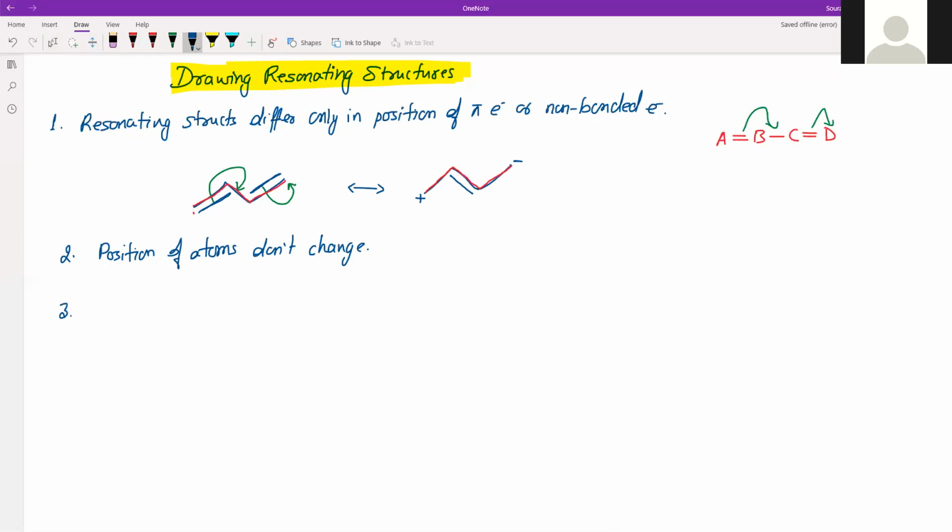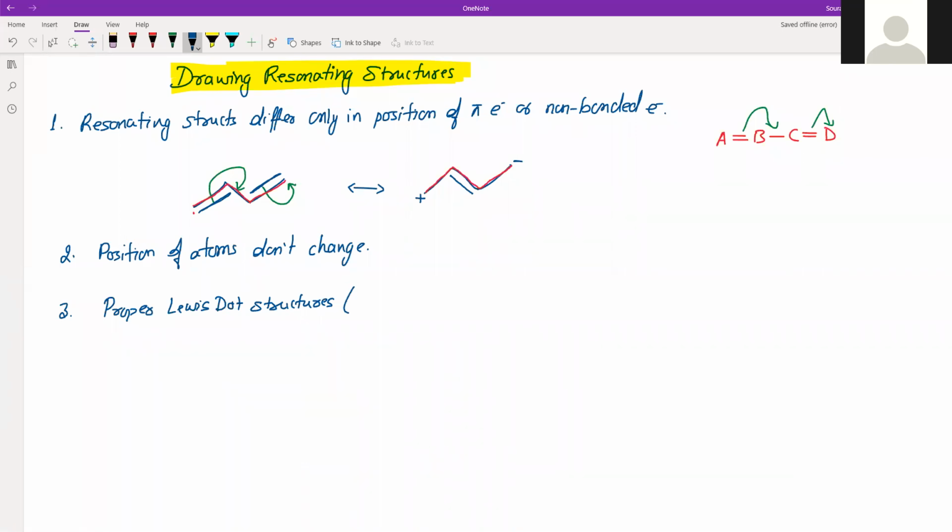So we are talking about these resonating structures. What does that mean? It cannot expand its octet in any of the resonating structures.